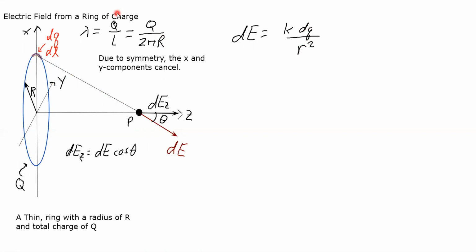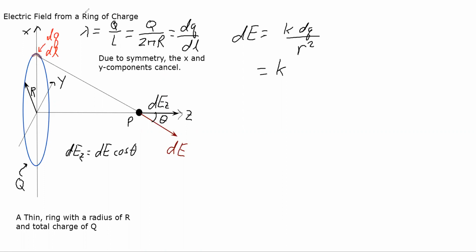Okay, so what substitutions can we make here? Let's make a substitution for dq. We've done that before. Lambda is q over L, the ratio of charge to length, so dq over dl.